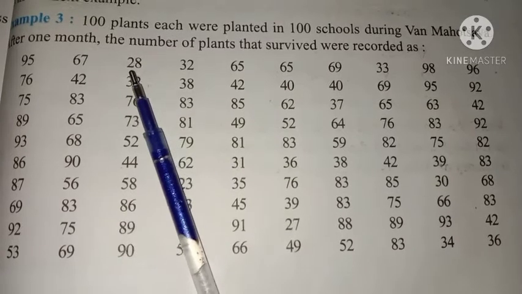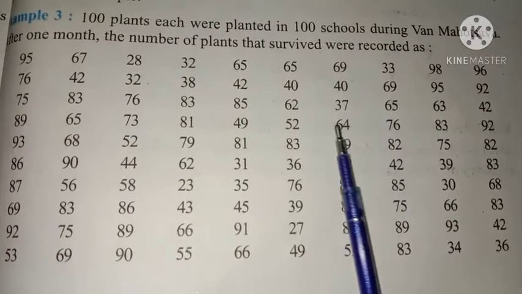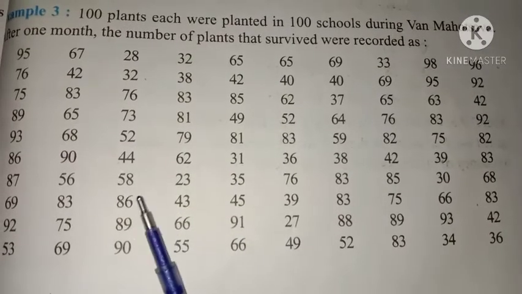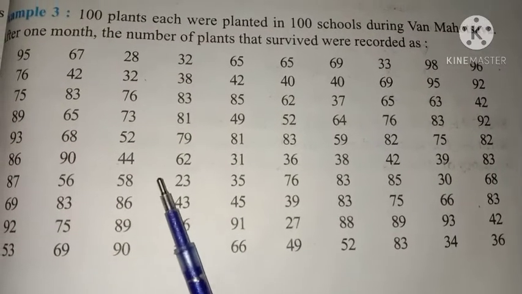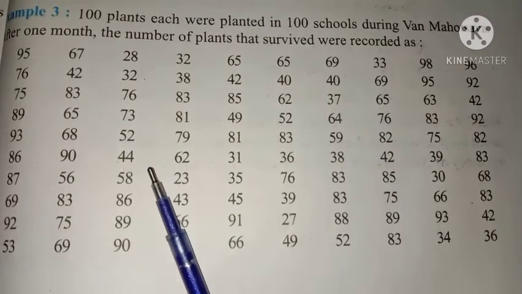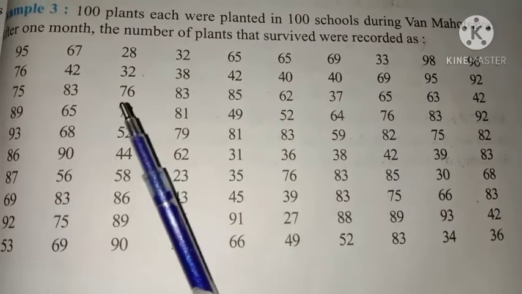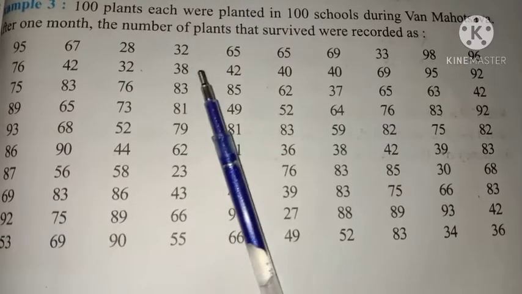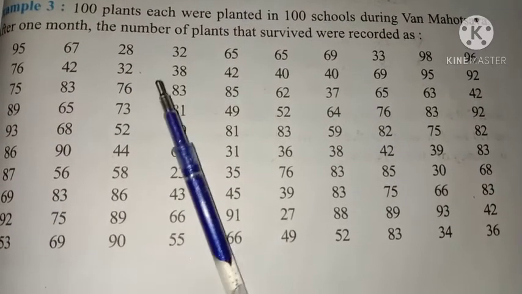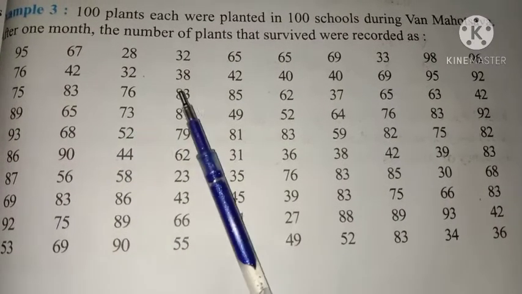Otherwise you can consider 20 to 25. In 20 to 25, one plant, 23, is there. Then 25 to 30, 30 to 35, 35 to 40 and so on. We can choose any convenient class intervals to represent these data.